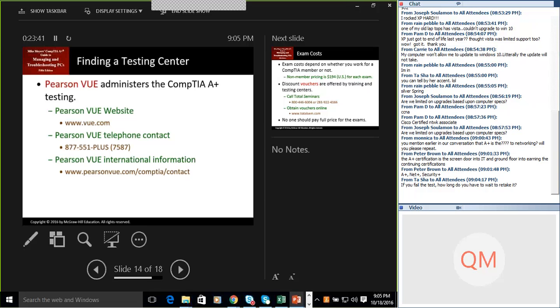Some people want to schedule them back to back. I personally would leave myself some space in between, because if I don't pass the 901, I want to be able to take the 901 again before I take the 902. But maybe you feel like you're more in tune with the software and the Windows stuff than you are with remembering the hardware and all that.